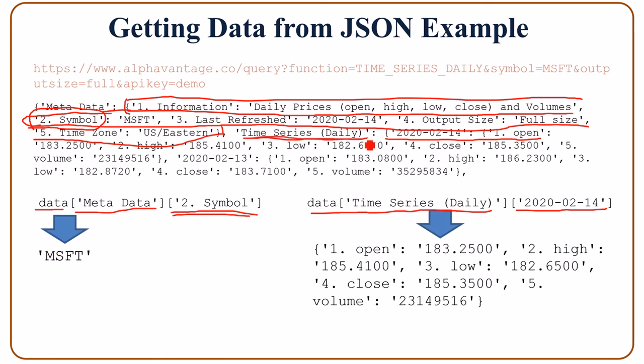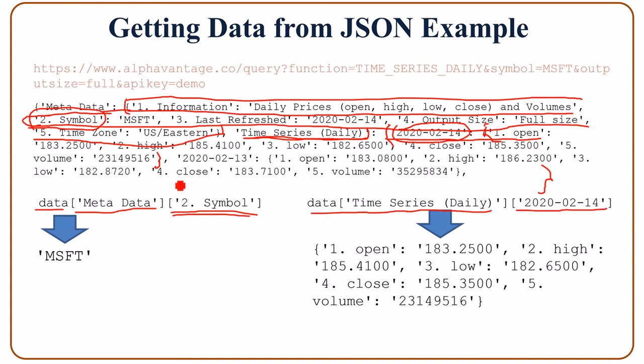Time series daily, which is the key. Then we get the data starting from here until the end of the dictionary somewhere. And we access that specific day. We get all the data corresponding to that day, starting from here until the closing curly brace.